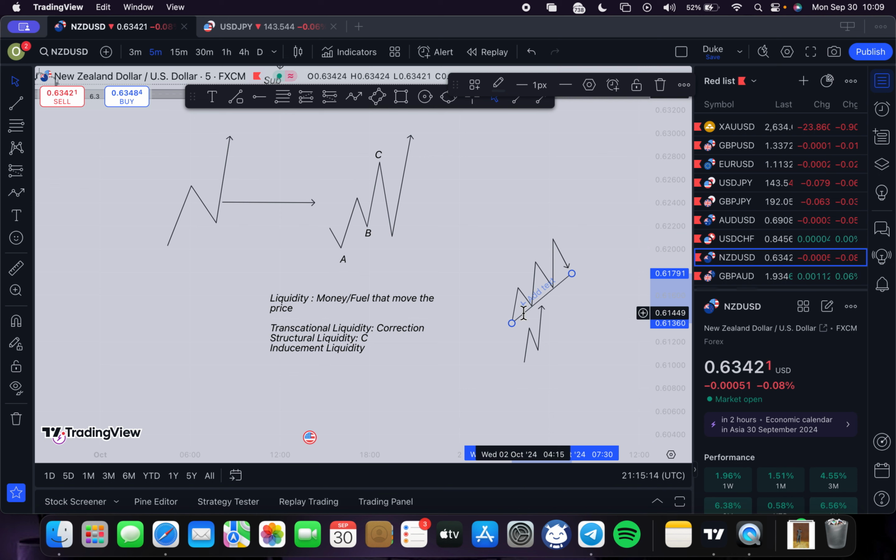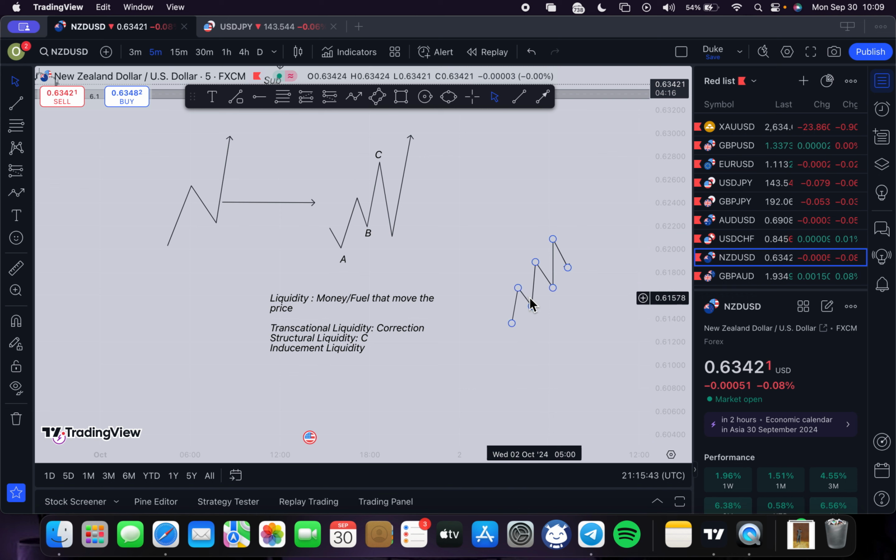Let me just use this one. You see this move now. This can be seen as your swing structure. Then we have this move for what?